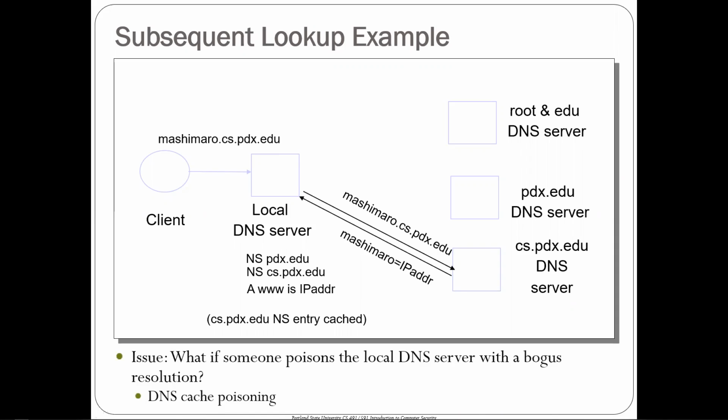Okay, what happens if someone poisons the local DNS server with a bogus resolution? Say someone hijacked, maybe not Portland State's, because we do security right in this university. No, I'm just kidding. I think this is possible, where local DNS servers can get hijacked, or if the adversary is sitting around the local DNS server, the adversary can generate fake responses, right?